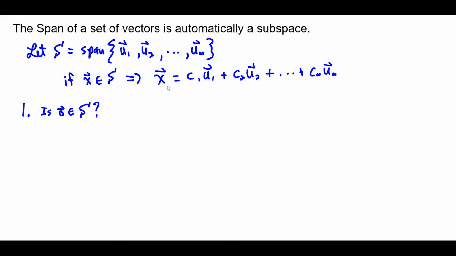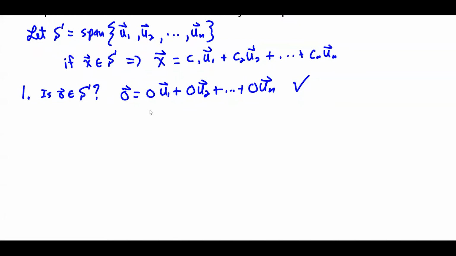And the span is all linear combinations. So that zero's got to be one of those. So 0 is 0u1 plus 0u2 all the way up to 0u sub n. So that checks out. That satisfies that property. The zero vector is inside S.